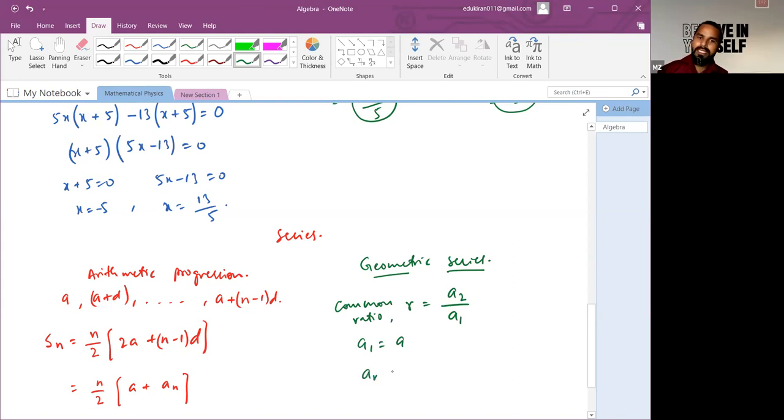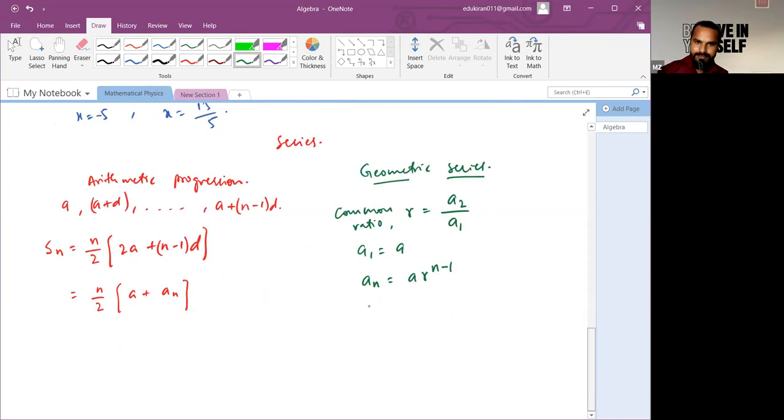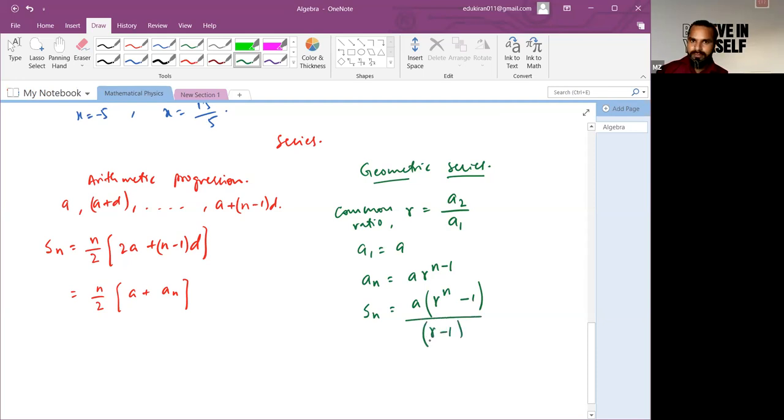We define the nth term as A times R to the power n minus 1. The sum of n terms is A times R to the power n minus 1, whole divided by R minus 1. If you want the sum of this series up to infinity, it comes out to be A divided by 1 minus R. In this whole physics, we have to use only this formula.